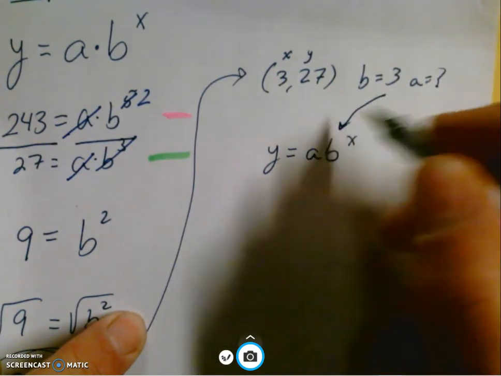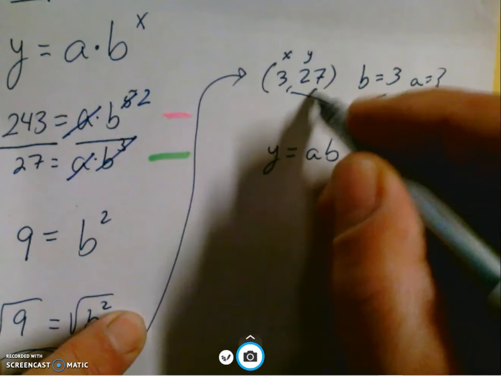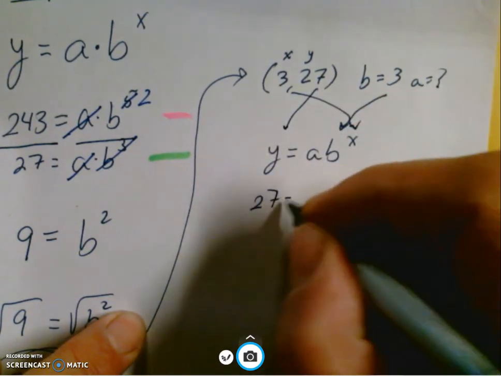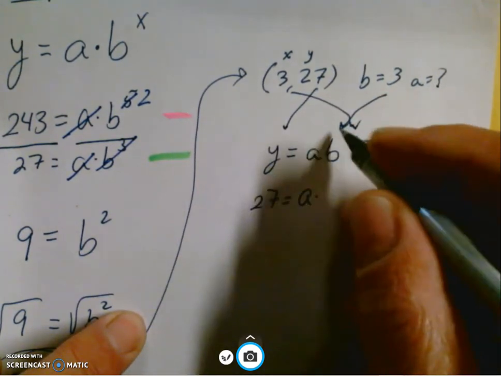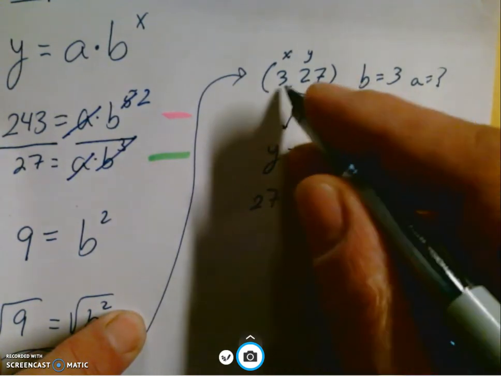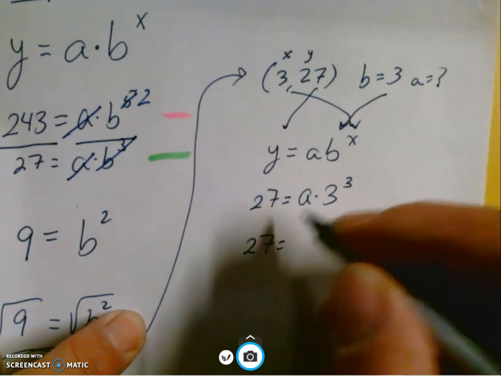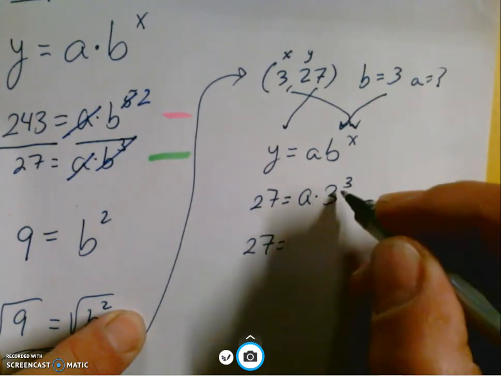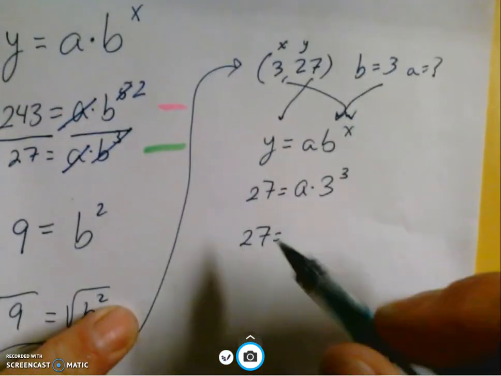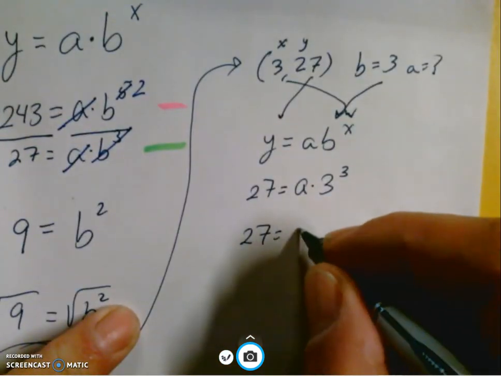We know b, we know x, we know y. So we're going to say 27 equals a times 3 to the 3rd. I could have also used 5 and 243, but that's too big. I don't like those.